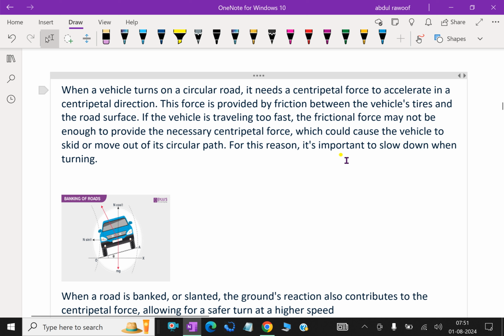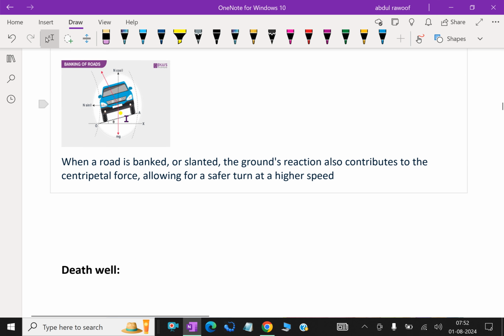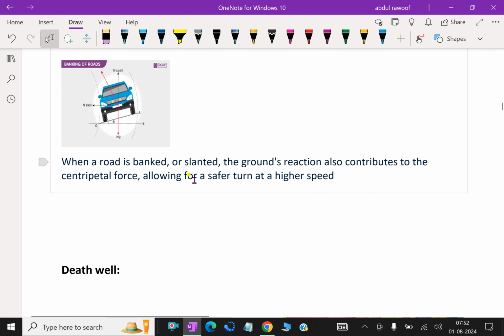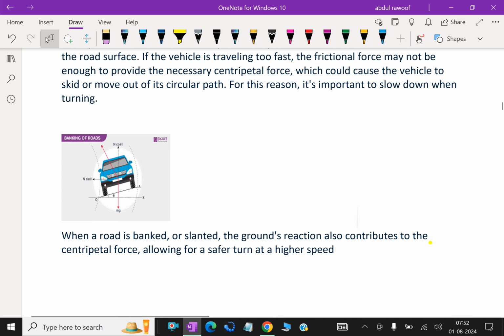For this reason, it's important to slow down when turning. While turning, you have to take care about the speed as well as the bank of the road. Bank of the road is the angle of inclination. When a road is banked or slanted, the ground's reaction also contributes to the centripetal force, allowing a safer turn at a higher speed.